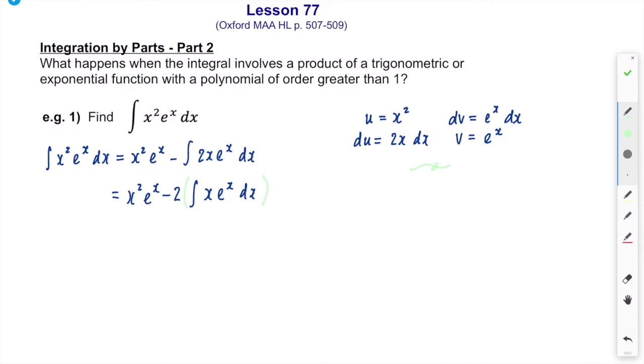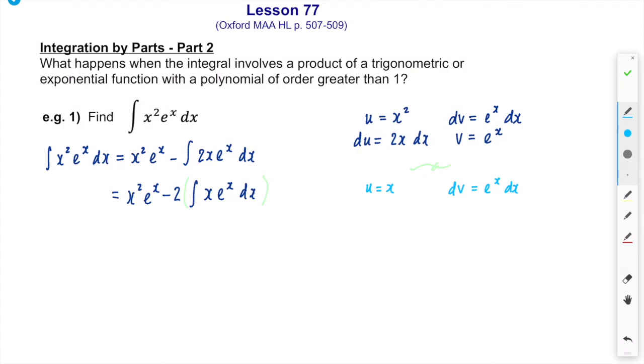So it's okay, on the side, if you now reset your definition of u and v and say that your new u is x and your new dv is e to the x dx, that's fine. If you're pickier, you can of course change the variables to something else, like p and q or r and s.